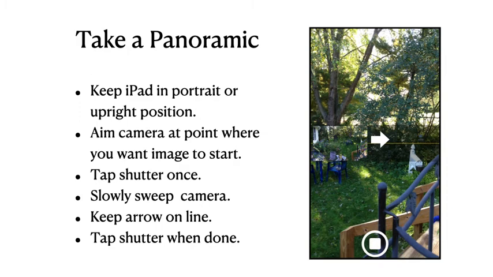You tap the shutter once, and then you slowly sweep the camera in the direction you want it to go. You can see the white arrow there in the image. It's important to try to keep that arrow on that line to get the best shot. And when you're done, tap the shutter and your picture will be taken and it will show up in your thumbnails.